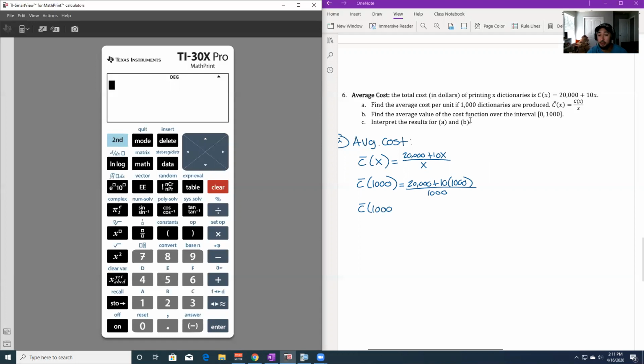Okay, so all we have to do now is type that in your calculator, just like I wrote it. So fraction button, 20,000 plus 10 times 1,000 over 1,000. We get $30.